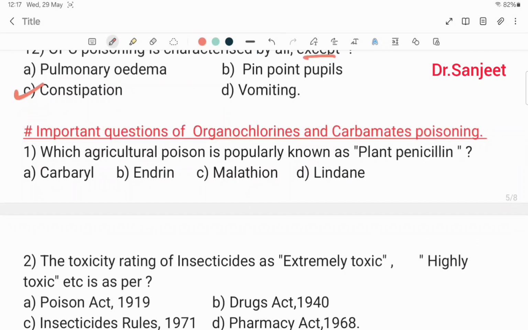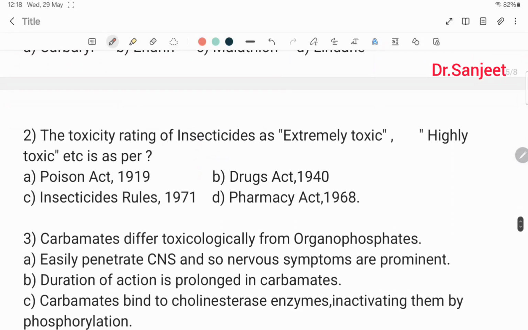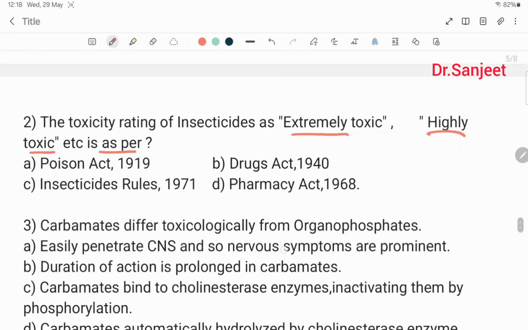Important questions of organochlorines and carbamate poisoning. Which agriculture poison is popularly known as plant penicillin? Carbaryl, endrin, malathion, lindane. The toxicity rating of insecticides as extremely toxic, highly toxic, etc. is as per: Poison Act 1919, Drugs Act 1940, Insecticides Rule 1971, Pharmacy Act 1968.